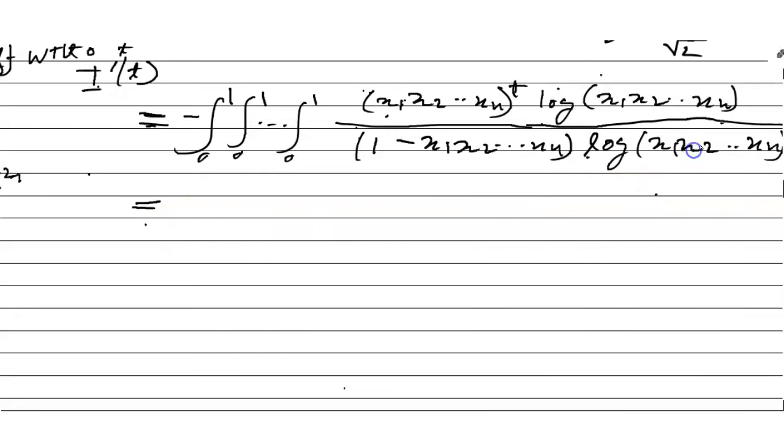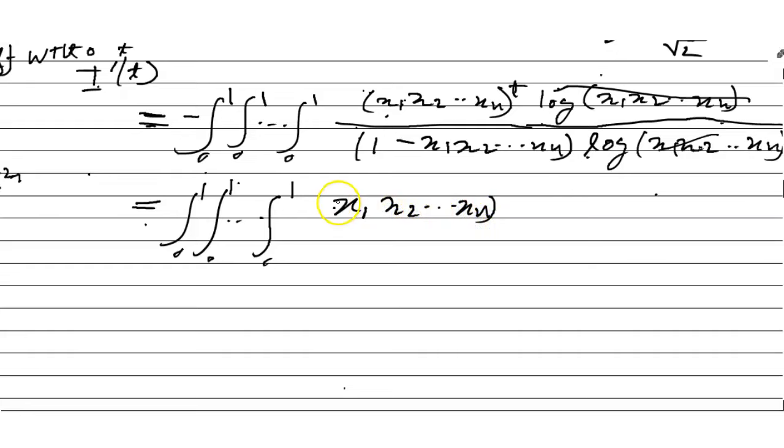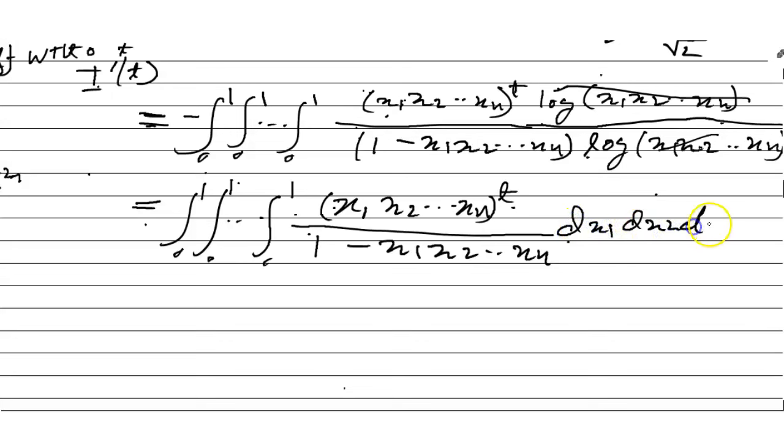Now this portion and this portion are cut. So what we get is the integral 0 to 1, 0 to 1, 0 to 1 of (x1 x2 up to xn) whole to the power t divided by 1 minus x1 x2 xn, dx1, dx2 up to dxn.